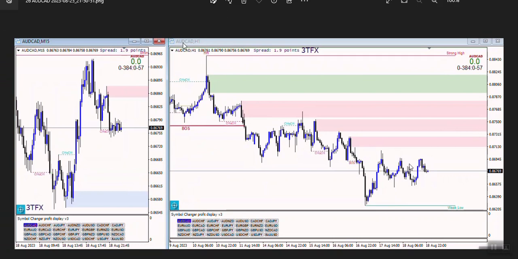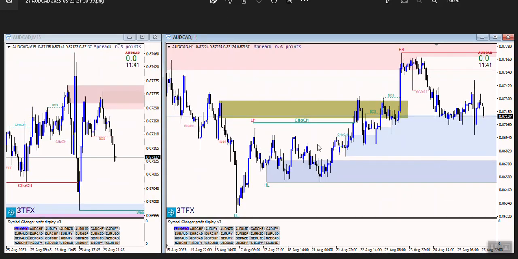Then I was also expecting AUD CAD to drop from this order block here, and price got to the order block, sold, pulled back, dropped a little and continued to the upside. This did not give me a setup anyway. So those were the set of pairs we looked at last week.